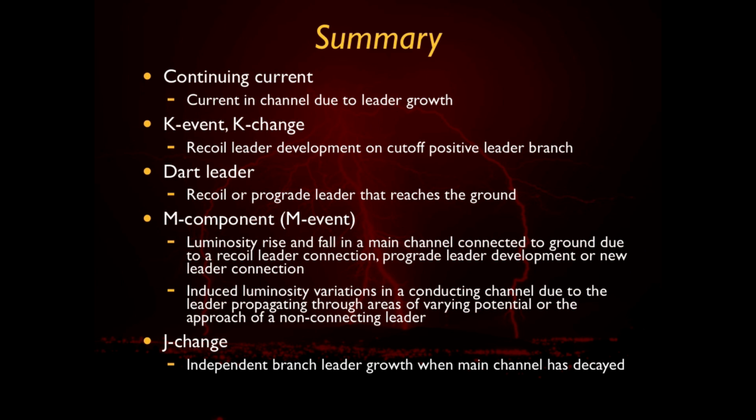A dart leader is simply a recoil or prograde leader that reaches the ground. And we've now been able to see that quite often with the high-speed camera and correlated electric field sensors.